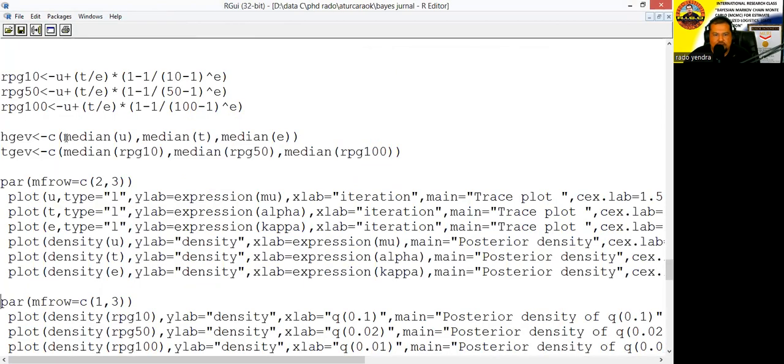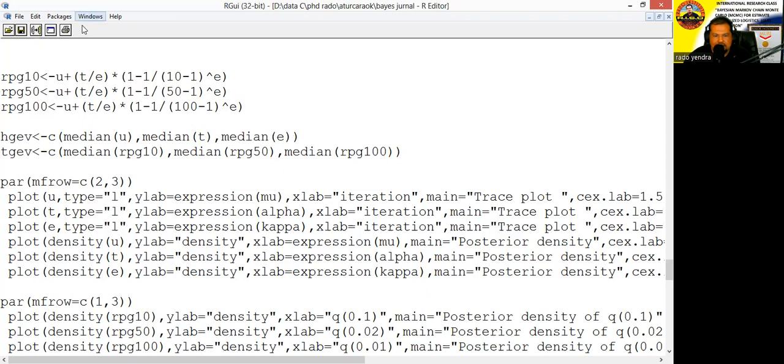Like this one, we use the median of U for the fixed value of parameter U or alpha right here, and median of T to take the fixed value for the parameter C right here, and the median of E we use to take the fixed value for the parameter kappa right here.